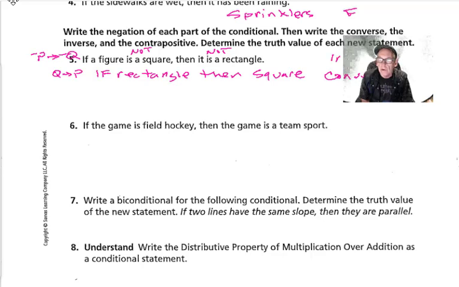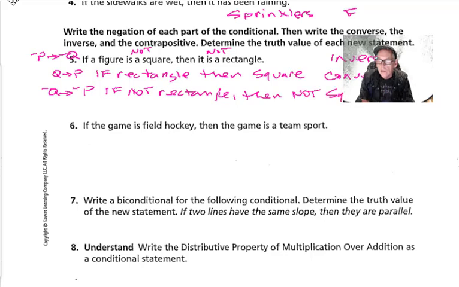We call it the inverse. And then the contrapositive is you swap both of them and make them nots. So if not rectangle, then not square. That's the contrapositive.